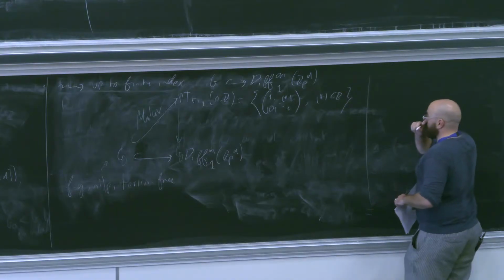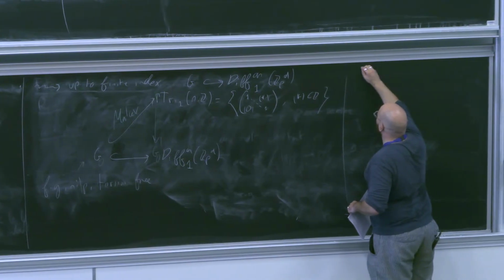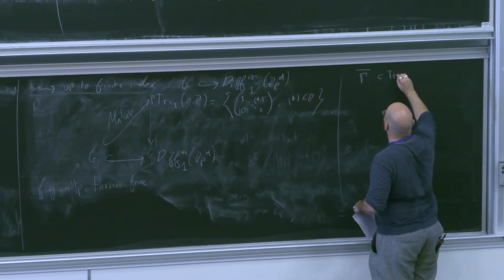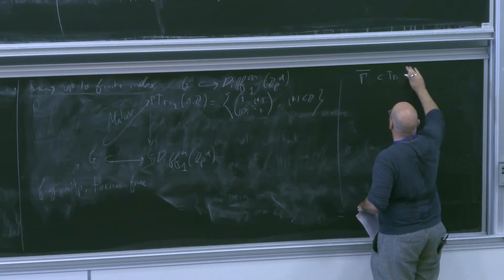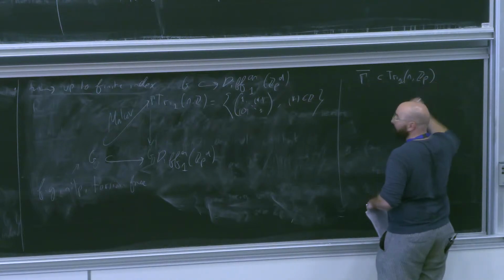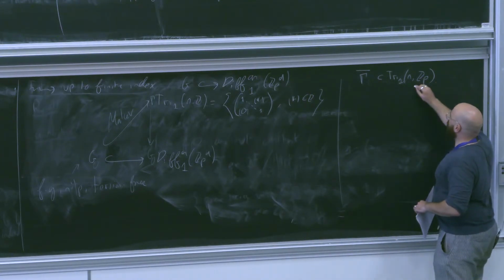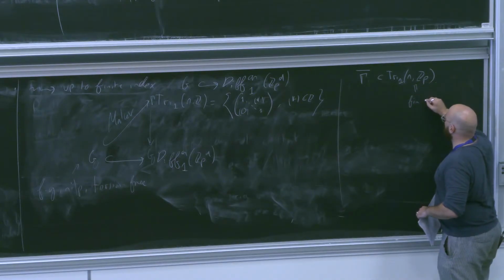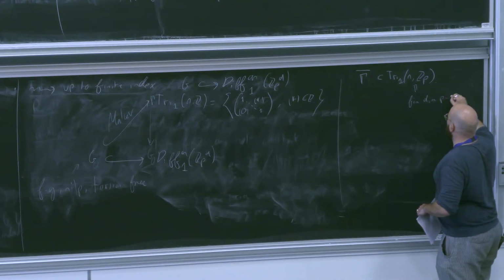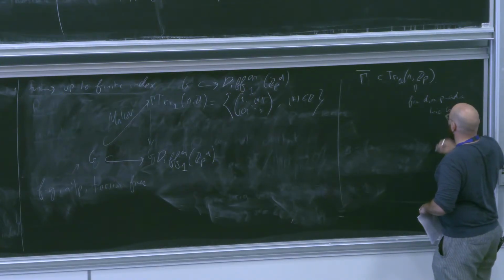I can look at the closure of gamma inside the same space of matrices, but with coefficients in Zp. This is a finite dimensional p-adic group.